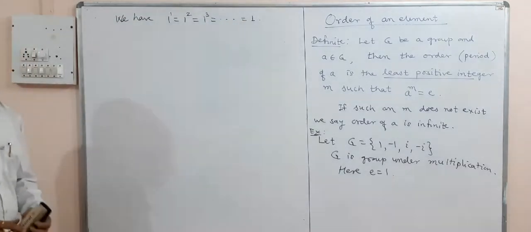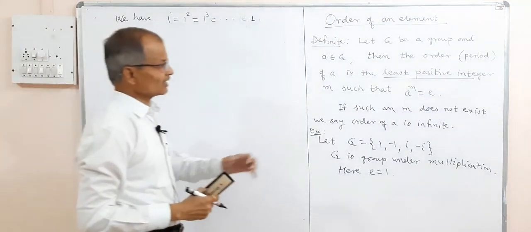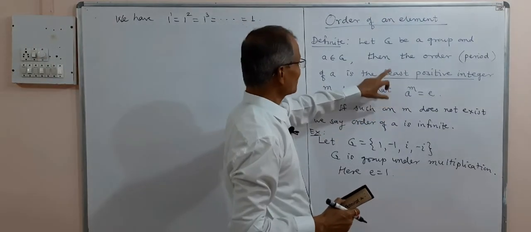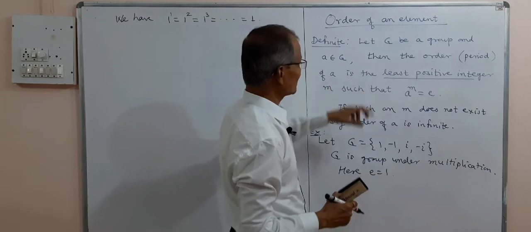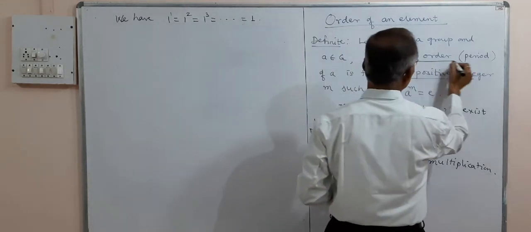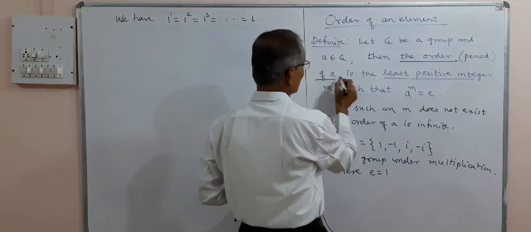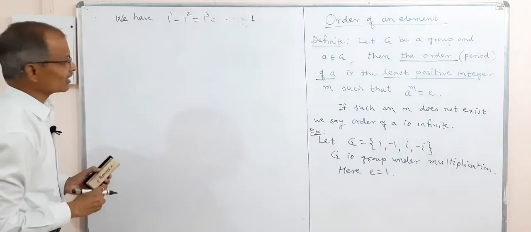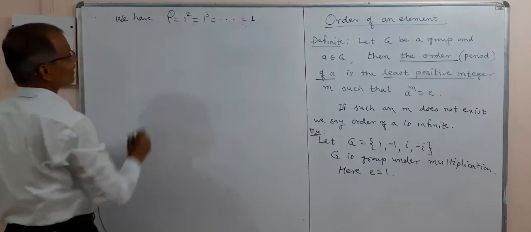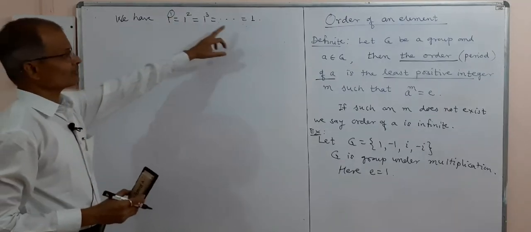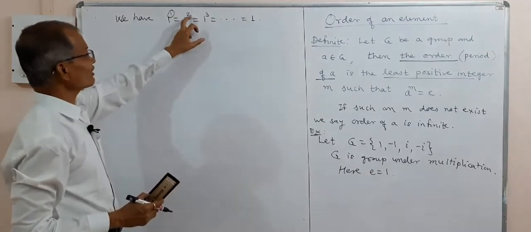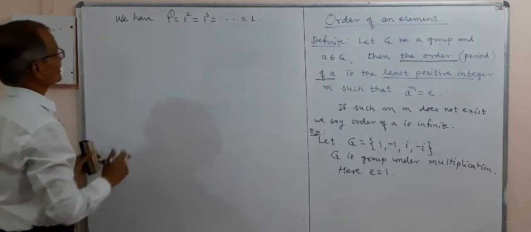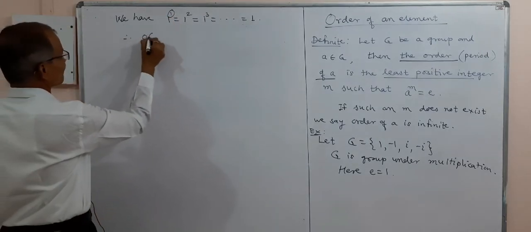But what is the least? The order of a is the least positive integer, and the least positive integer here is 1 itself. 1 squared is also 1, but 2 is not the least, 1 is the least.